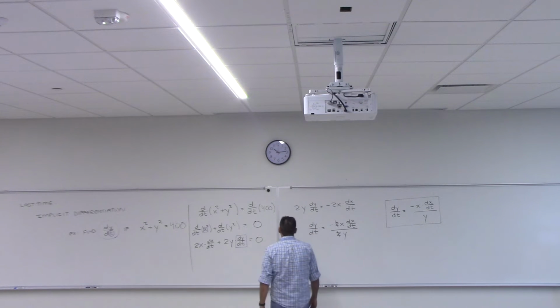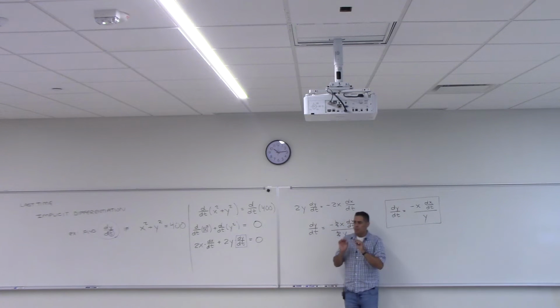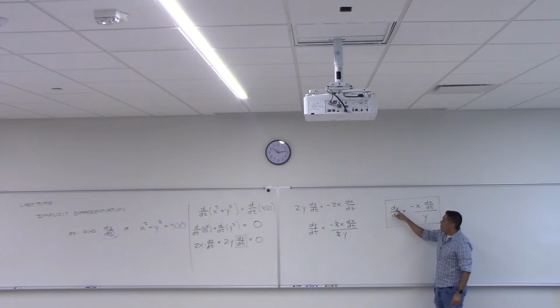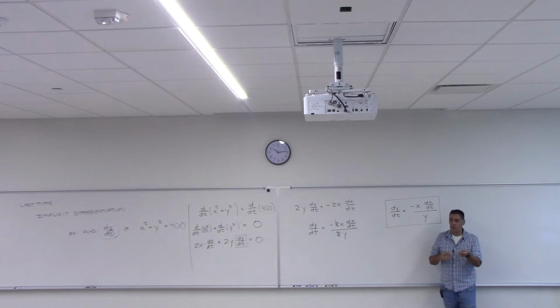All right, so back to what this means. This means if we were to change the value of t just a little bit, the change in y would be equal to negative whatever the x value is divided by the y value, but you also have to multiply by this, which is the amount that x would change if you nudge the t a little bit.